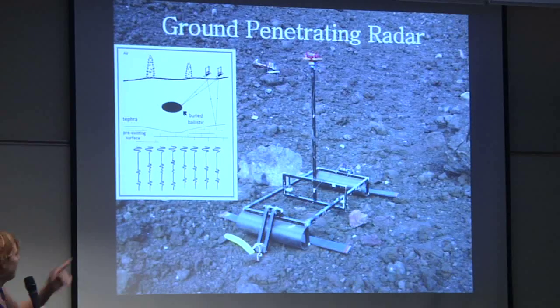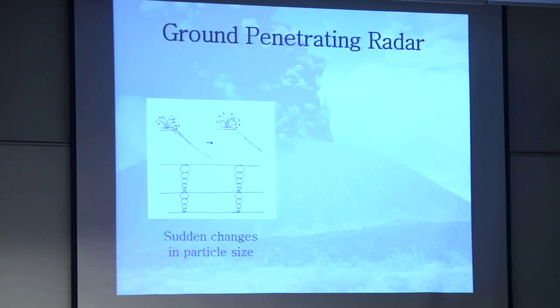You can see things like buried blocks, as well as different units, as long as those units have some change that the radar waves can detect. So it's actually really good at detecting sudden changes in particle size, because that's a change in porosity, and so that affects the electrical properties of the deposit.